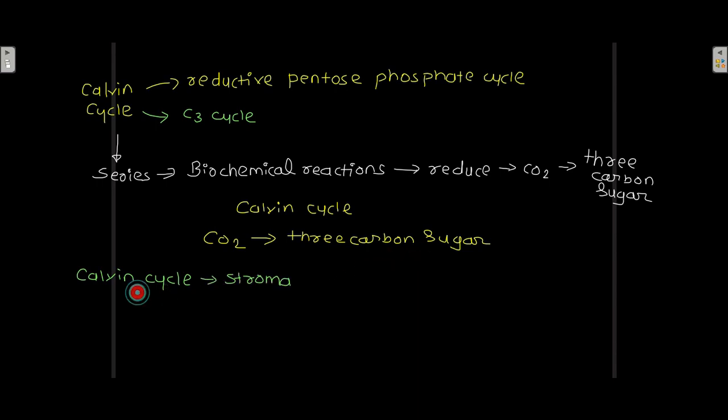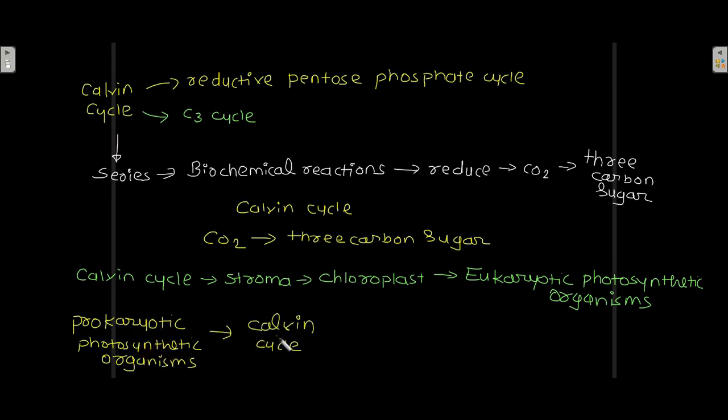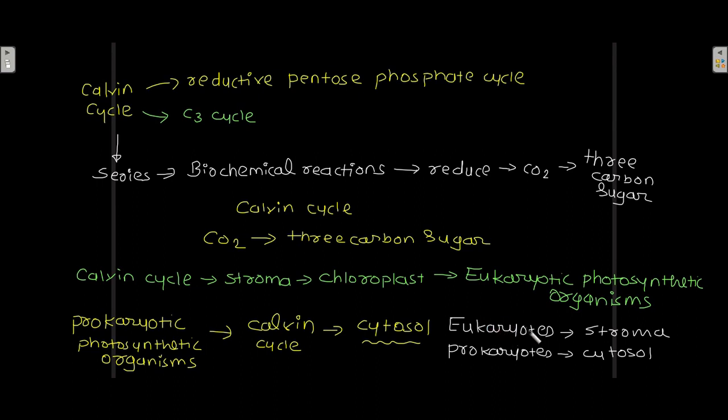Now the Calvin cycle occurs in the stroma of the chloroplast in case of eukaryotic photosynthetic organisms, and in case of prokaryotic photosynthetic organisms, the Calvin cycle occurs in the cytosol. So for eukaryotes it is stroma, and for prokaryotes it is cytosol.